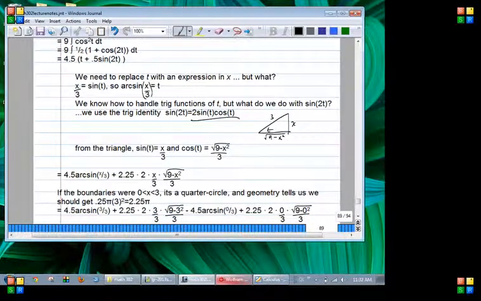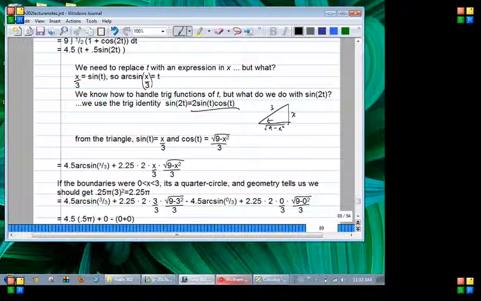Well, let's take this expression and evaluate it from 0 to 3. So on the first half, you plug in 3. Second half, you plug in 0, and then you subtract. So evaluate it and see what you get. A lot of things wind up knocking out to 0, and you wind up with 4.5 arc sine of 1.